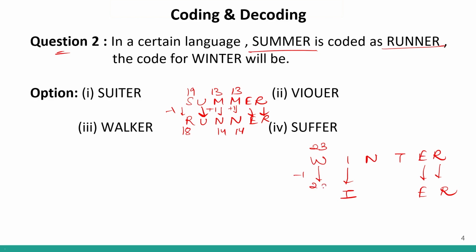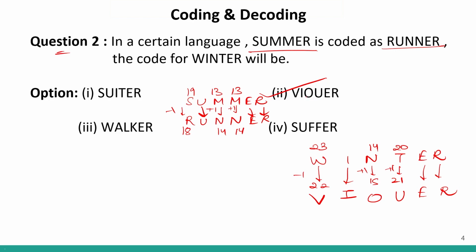So I'll go 22 which is V. Correct? N is 14. So now I'll go plus 1 which is 15. So O. And T is 20. I'll go plus 1 which is 21 which is U. So my code will be VIOUER which is given in option number 2. So option number 2 is the correct answer to this question.